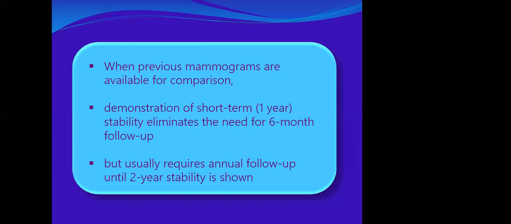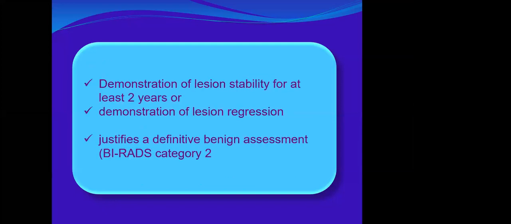Okay, we said if we have previous mammography and the lesion is stable for 1 year, no need to do 6 months follow-up. We are going to do 1 year, okay? And 2 years of stability is required to say this lesion is a benign finding. Also, demonstration of lesion stability for at least 2 years, or demonstration of lesion regression, justifies a definite benign assessment, BI-RADS 2.